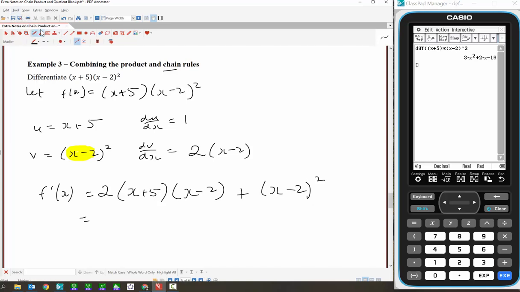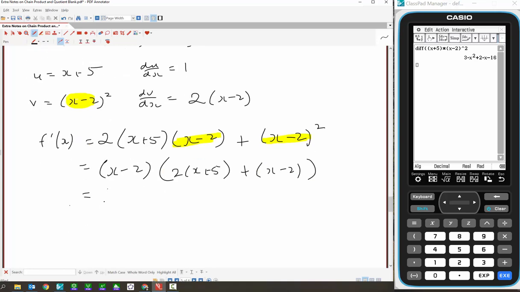Now, looking at this, I can see that both of them have got x take 2 as a factor, so I'm going to pull out the linear factor, x take 2. Now that is 2x plus 5, so x take 2 multiplied by this gives us this, and x take 2 multiplied by x take 2 will give us x take 2 squared.